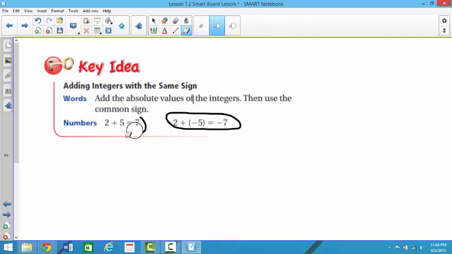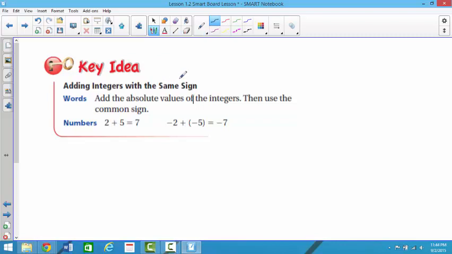When you have integers with a common sign, you add the absolute value of the integers and then use that common sign. Or you add like you would normally add and then apply the same sign.